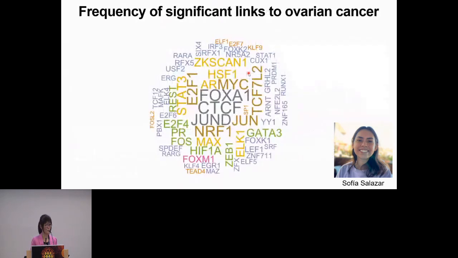But then maybe some transcription factors come up over and over, and this is what we are finding. We need to consult with our collaborators who know a lot more about ovarian cancer biology. And I would really appreciate your input about what you think about these results. CTCF, I don't know whether it's good news or not good news, but anyway, that's what we have.